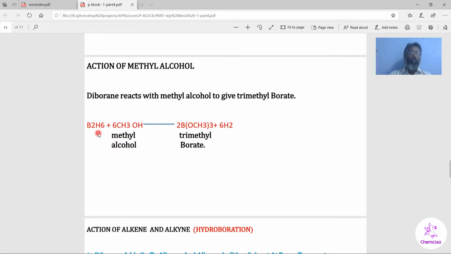So 1 mole of diborane reacts with 6 moles of methyl alcohol, which gives trimethyl borate. 6 hydrogens are replaced by methoxy groups. CH3 means methyl group, CH3O means methoxy group. So the product is B(OCH3)3. The compound is called trimethyl borate, like triethyl borate.